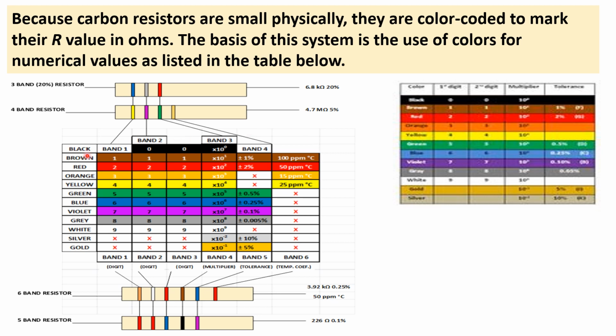As shown here, there are carbon type resistors which have three bands or three stripes of colors. Others are in what we call four band, meaning with four stripes of colors. But others could have five up to six color bands.